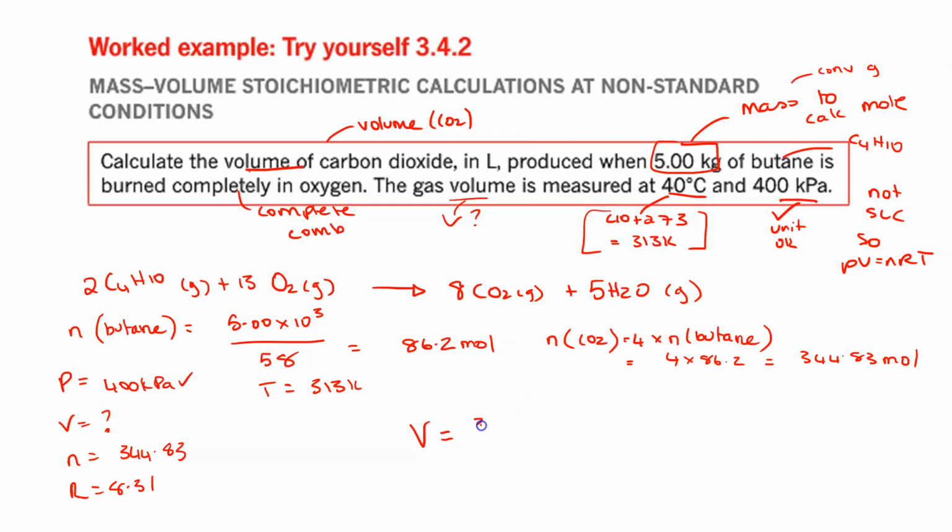Which is going to be 344.83 multiplied by 8.31 multiplied by our temperature, which was 313 Kelvin, all divided by our pressure, 400. When we plug that into our calculator, you should end up with 2,242.28 litres.